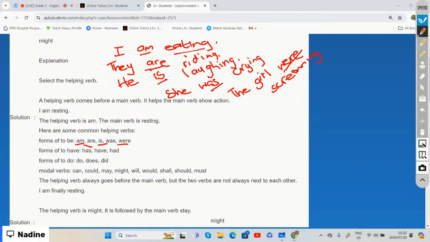And then we have the helping verb are, right? And remember, we said we use the word are to refer to more than one person or thing. They are writing because it refers to more than one person.